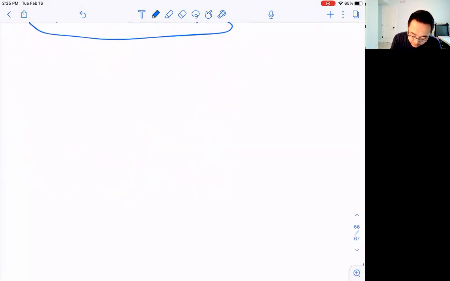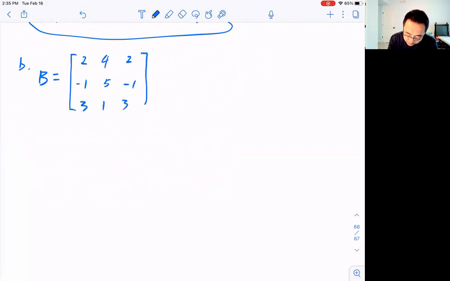Okay, let's look at another example. Let's say you have a bigger matrix: 2, 4, 2, -1, 5, -1, 3, 1, 3. Only square matrices can have inverses, so it's a 3 by 3. Now let's figure out how to get the inverse of this one.